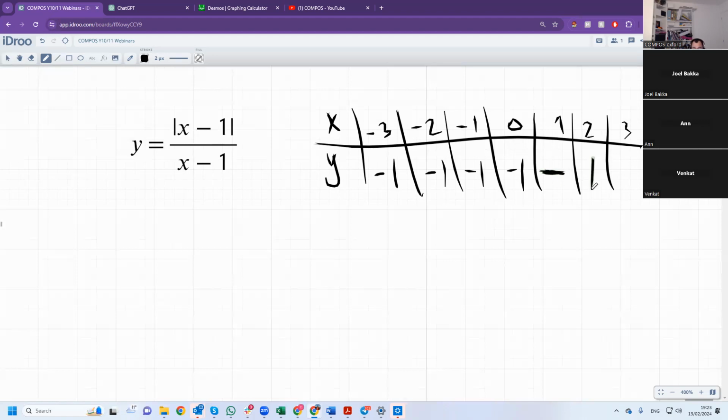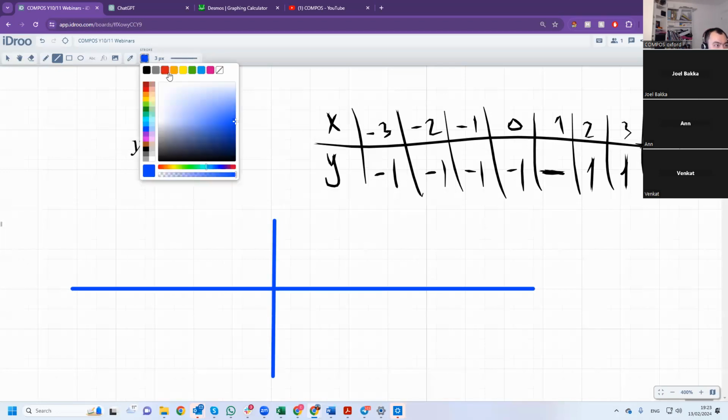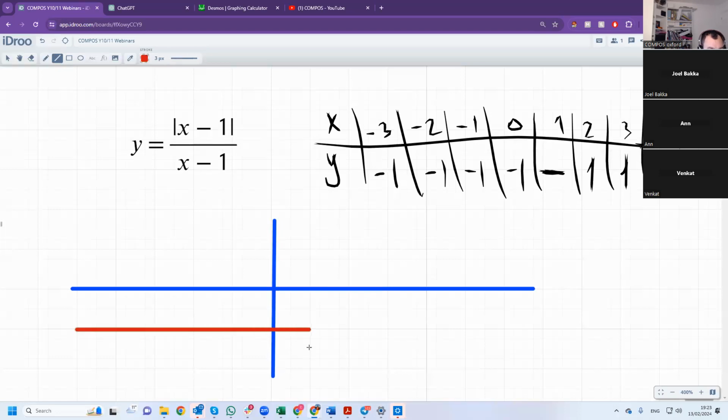But there's going to be 1, 1, 1, etc. So it's going to be really simple. It has to be. So until 1, it's going to be like this, and then like this. This is the graph.